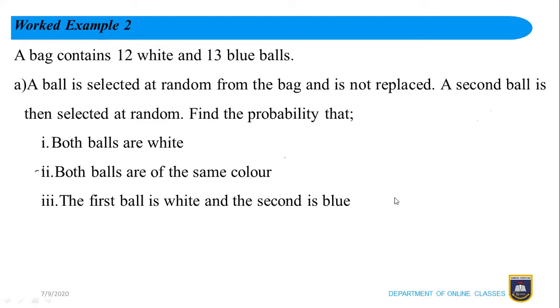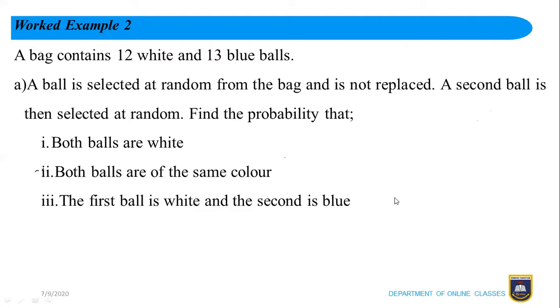You should find the probability that both balls are white. They told us that they first picked a ball and did not replace it, followed by the selection of the second ball. So you need to find the probability that the first ball picked is white, and that will be 12 on 25, multiplied by the probability that the second ball is white.